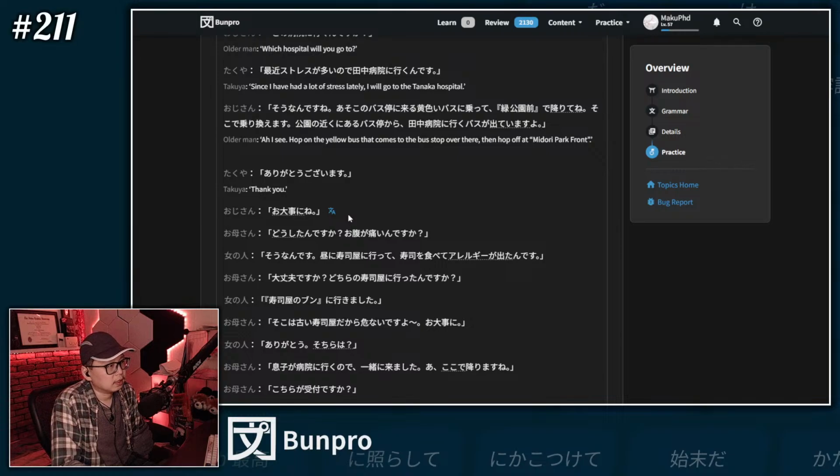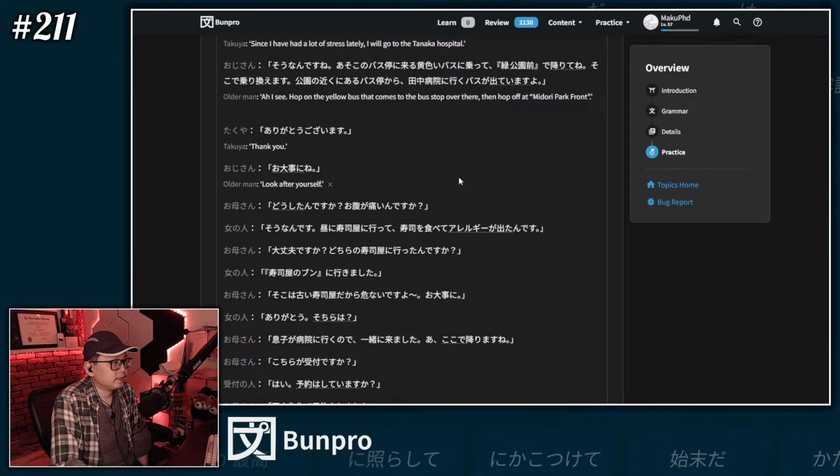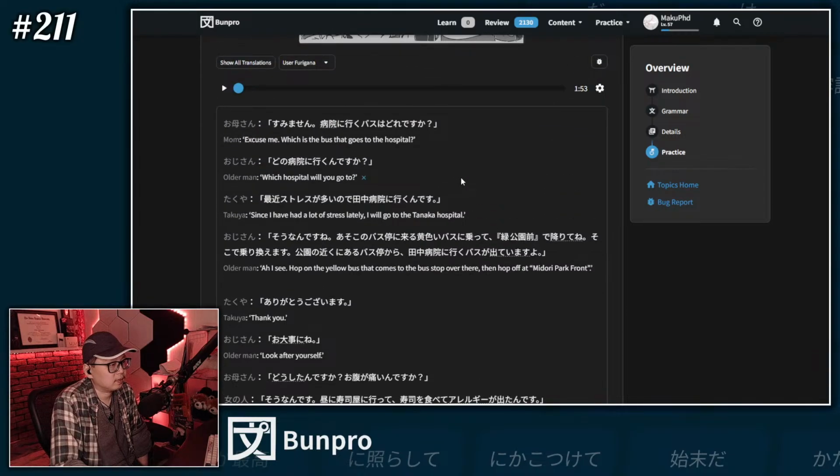Otaiji ni ne. That's a way to say take care. Like look after, take care of yourself, in a situation where someone is ill, right? And then the mother says, now, how are we, what's up, like how are you?